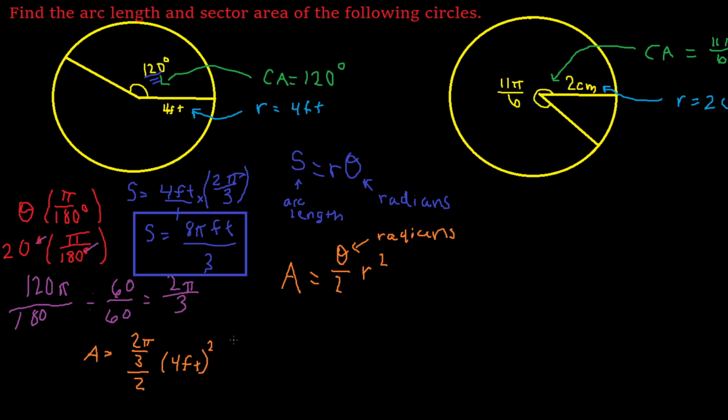And now we just do our simplifying and we'll get our sector area. So the big thing is over here with this 2 pi divided by 3 divided by 2. So if you remember from a long time ago, keep change flip. So in this case, we keep the 2 pi over 3.